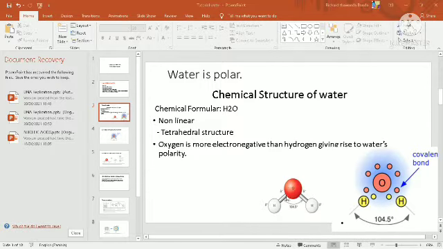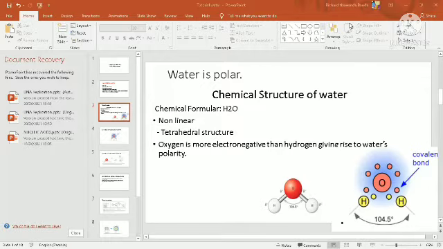So on the oxygen, because it's bonded to the two hydrogen atoms, you have a partial negative charge on this one side, and then on this other side here, and then you have a partial positive charge on this hydrogen and a partial positive charge on this hydrogen. These partial charges that form on water are responsible for the polarity of water.